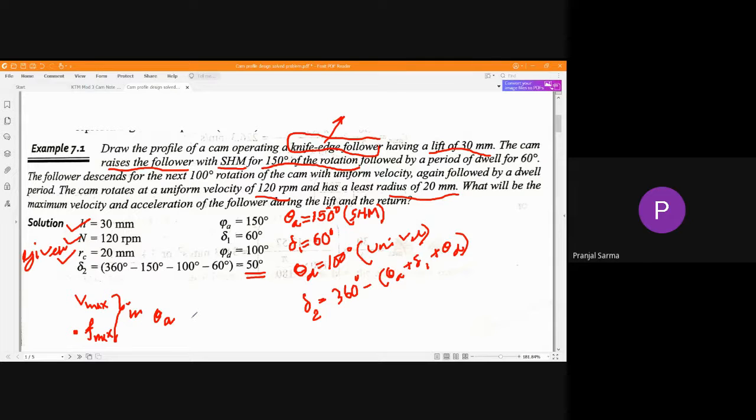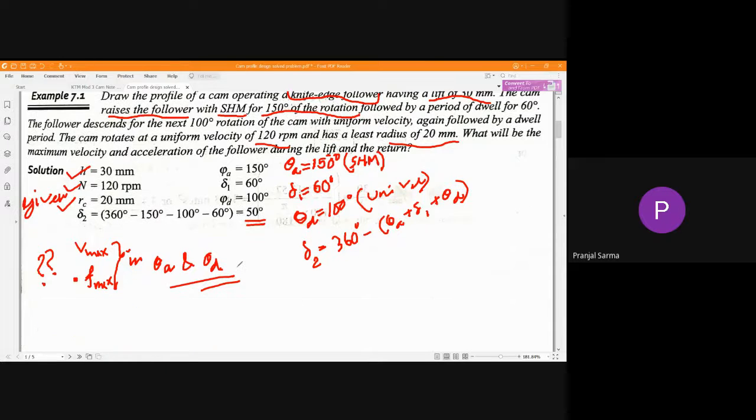That means the ascent stroke, theta A, and theta D. These are given and you need to find this one. Is there any confusion up to this much? How we have extracted the data? No? Okay.